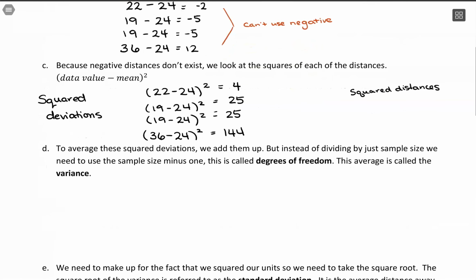So to do this, what we would do is add up these squared deviations, and then divide by, and we usually divide by sample size, and I'm going to make an extra note there in one moment. But just to write this out in long form, just so you can see everything at work here, we're going to add up those squared deviations.